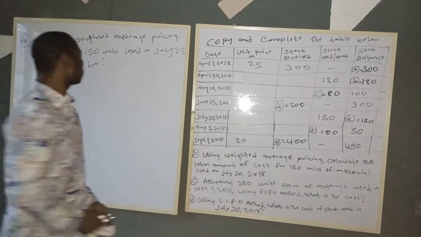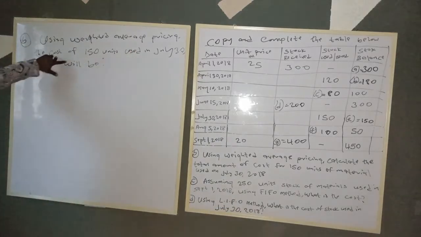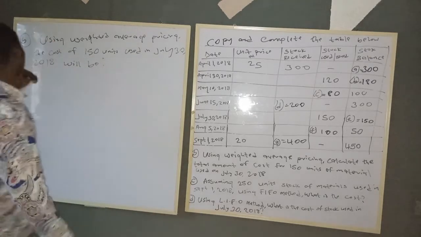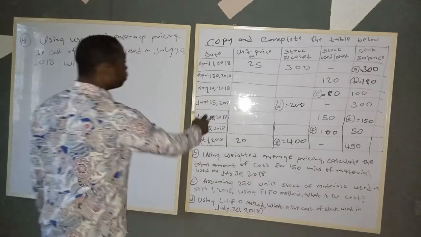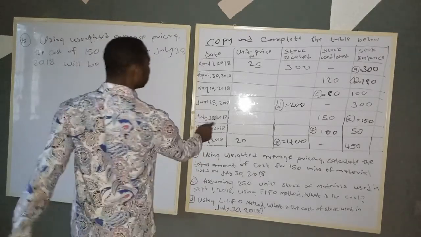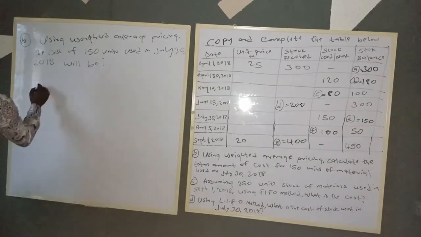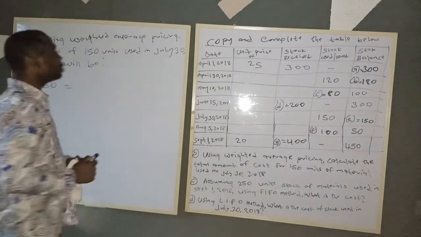Now going to this question, they say that using the weighted average pricing system, the cost of 150 units used on July 30, 2018 will be, now on July 30, 2018, they used 150 units using weighted average.